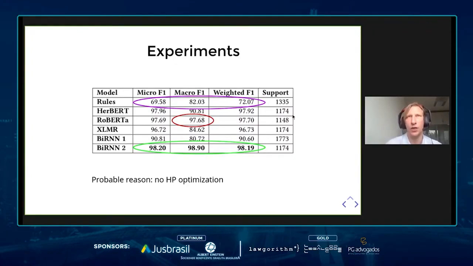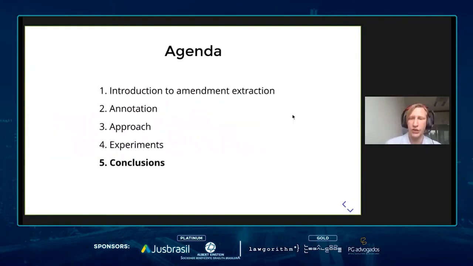But because the results were so high for the BiRNN model, and all of these experiments were run with the default parameters, we thought that it's not necessary to try to find the best hyperparameter combination.